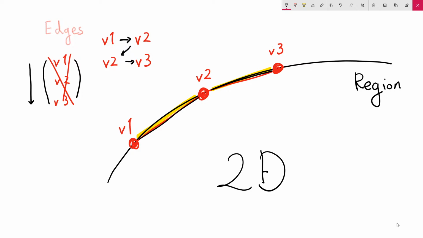Think about a three-dimensional structure and a two-dimensional terminal which is attached to your three-dimensional region. Then maybe you will have a set of triangles attached to the three-dimensional volume. In that case, it is very difficult for you to describe your terminal as just a list of vertices.